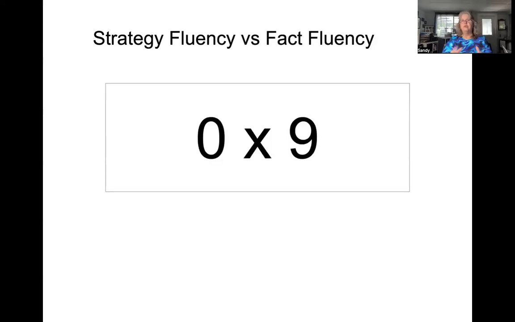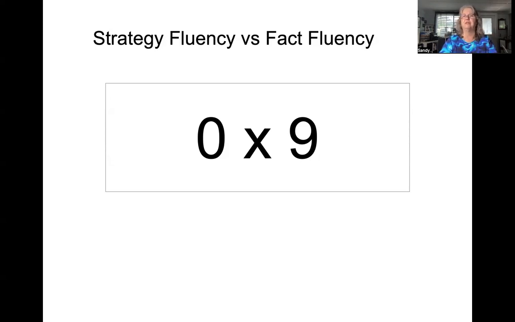So when you're working with your child and you have these flashcards, whether they're written horizontally or vertically, and you flash them, if the first thing your child says is 0, 63, 18, that's fact fluency. If we change it a little bit and we have them first describe what they see or use a strategy, that will build both fact fluency and strategy fluency.